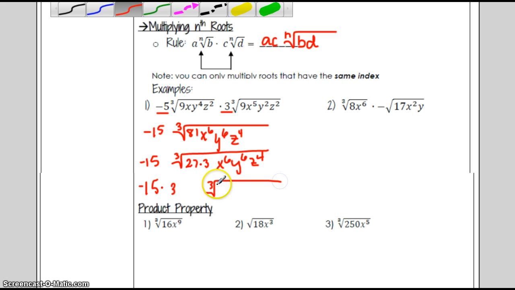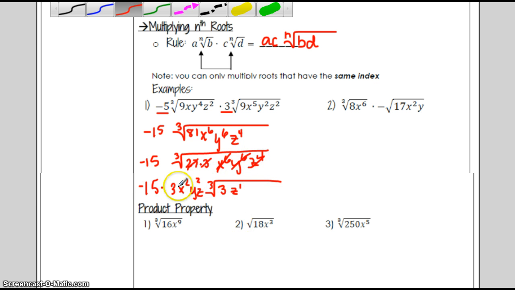I've got my cube root. What's left is going to stay under, the 3. How many groups of 3 in 6? Well, there are 2 groups of 3 in 6. And then how many groups? Oh, there's another 6. We know that's 2 groups. And then z, we can only get 1 group of 3 out of the 4, and that would have a remainder of 1.